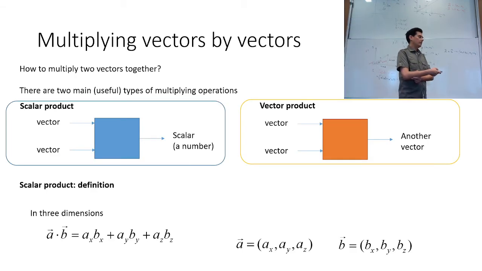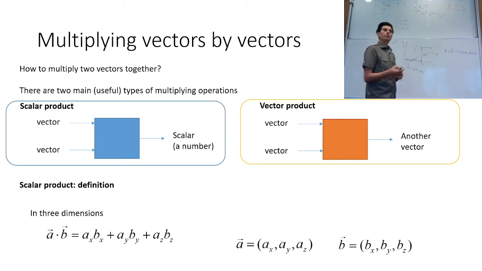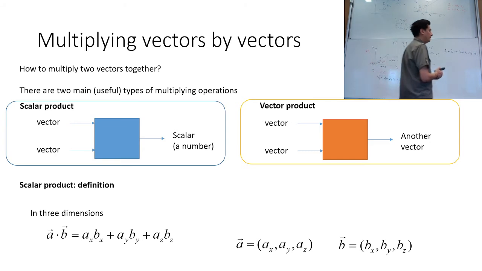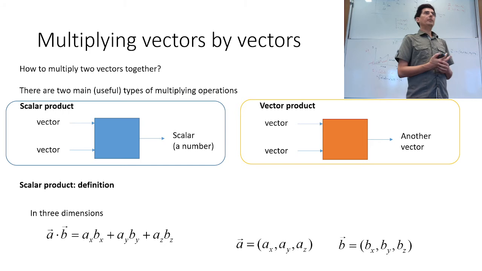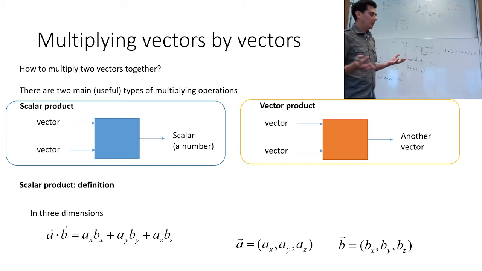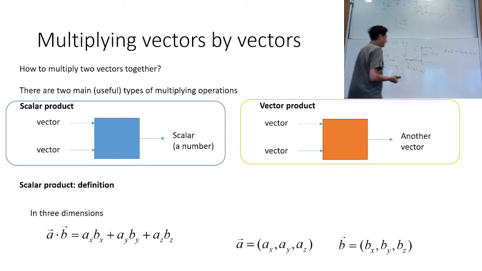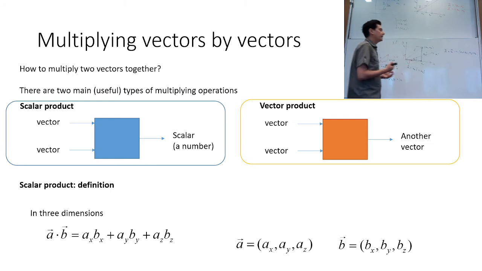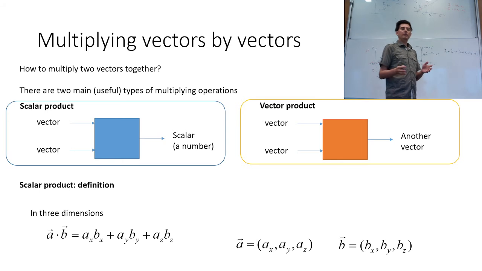But you can also multiply two vectors together. So how do you multiply a vector by a vector? Well, in principle you can come up with all kinds of crazy rules for multiplying two vectors together, and in a way you can define it more or less as you like, but a lot of these definitions will not really be particularly useful.